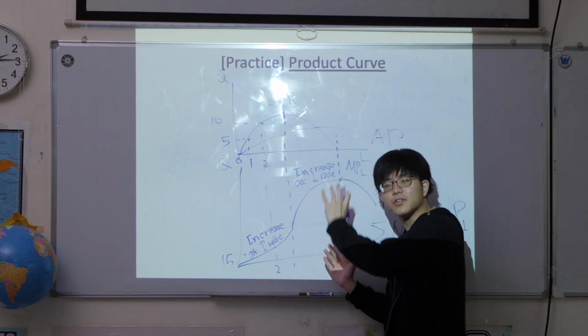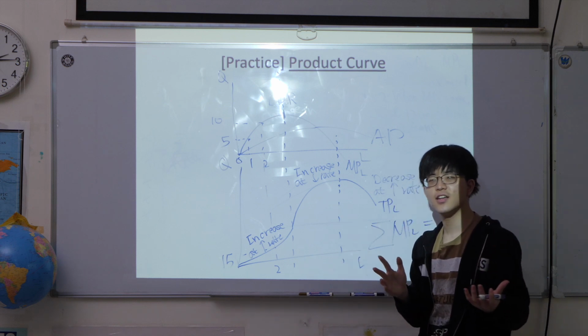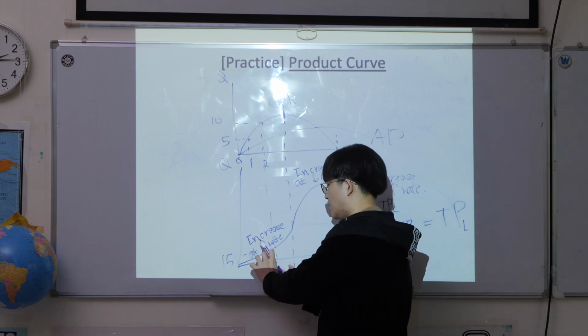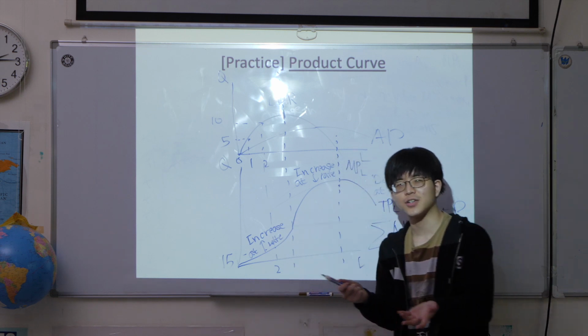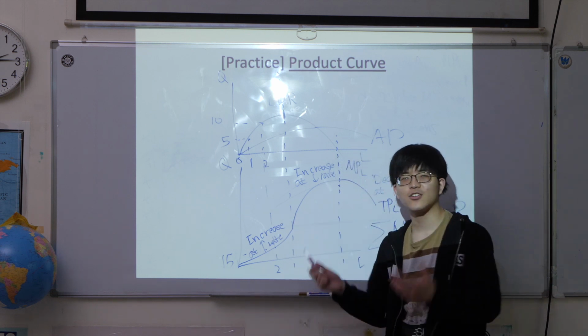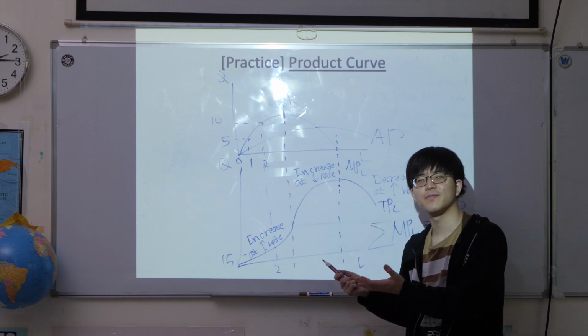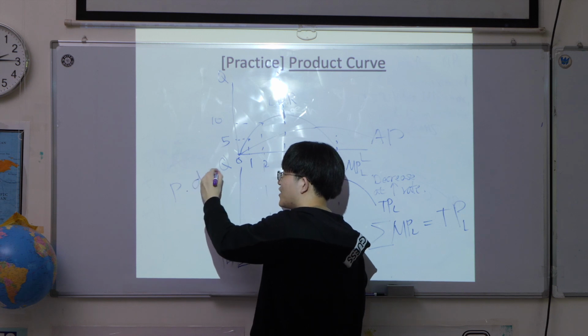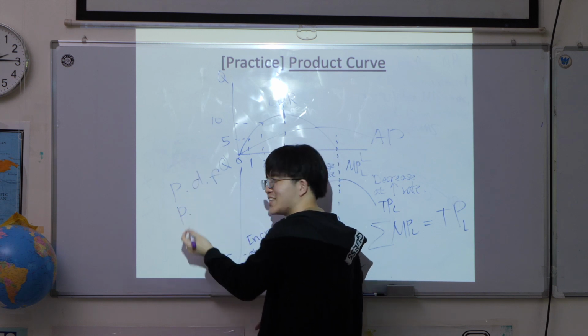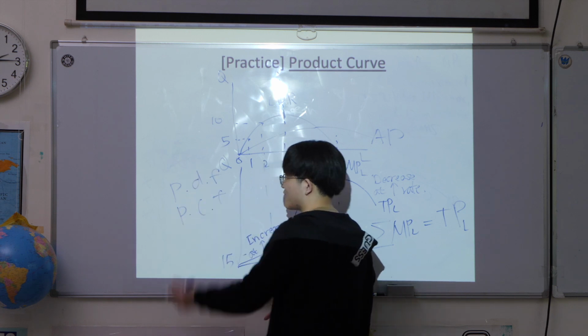You guys perhaps learned in your statistics class that it will be an accumulated version. Like you guys will learn the normal distribution curve, and this is actually a cumulative normal distribution curve. We have the probability density function, and we have the cumulative probability function, right?